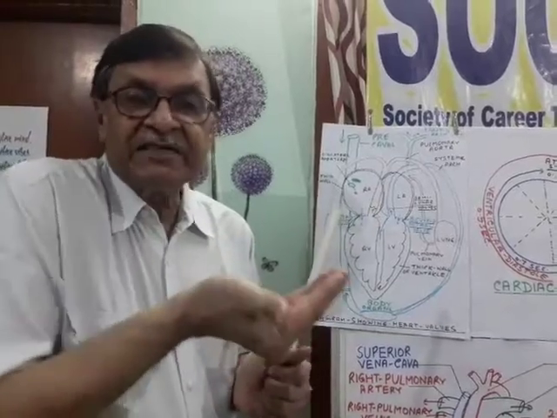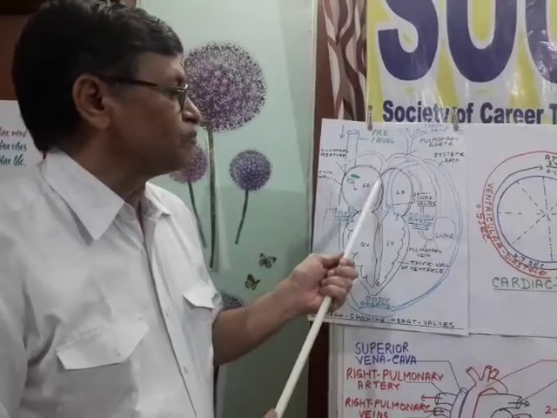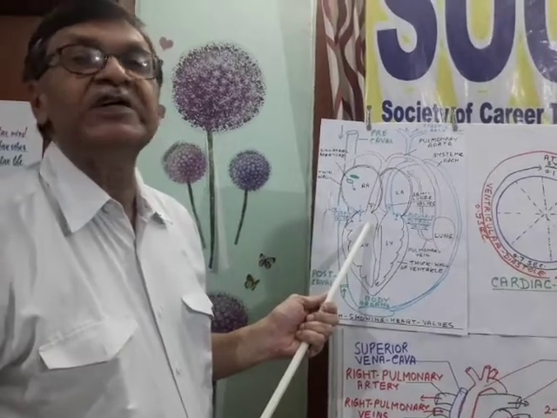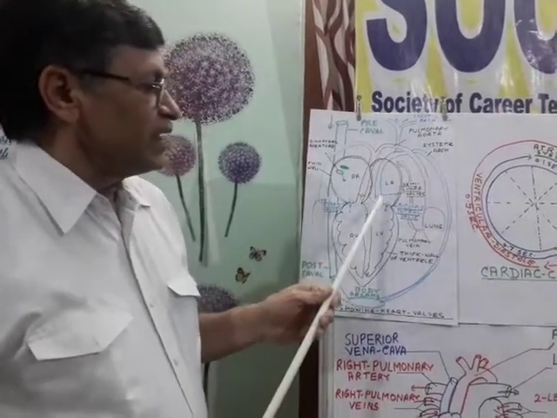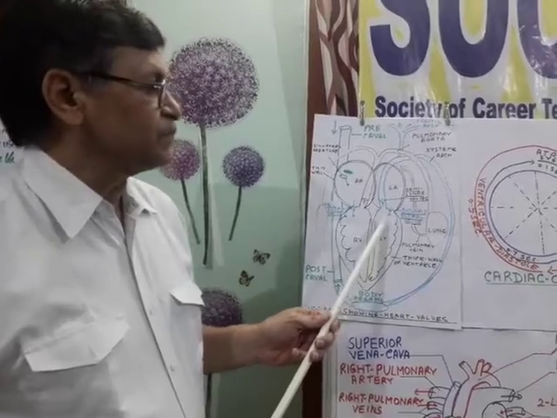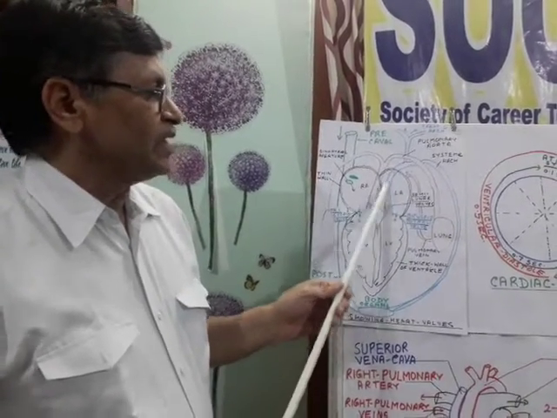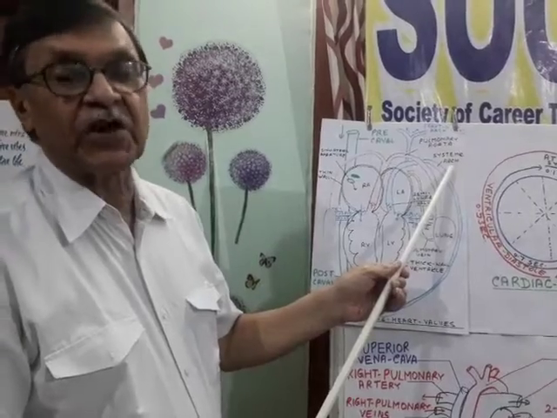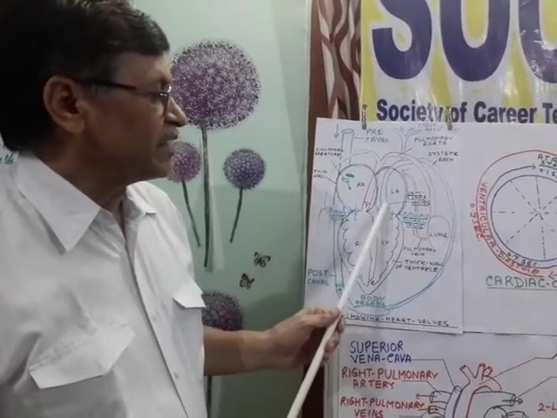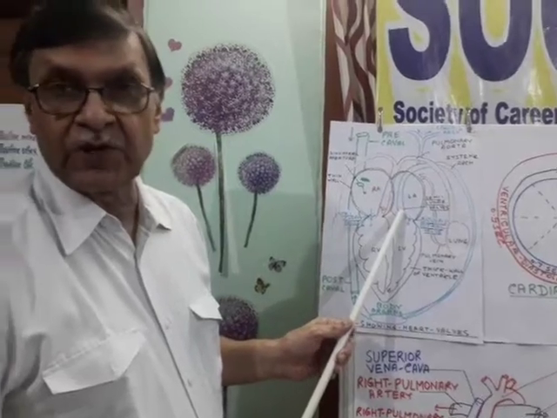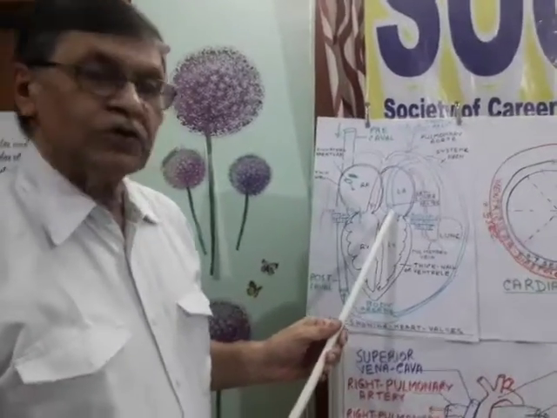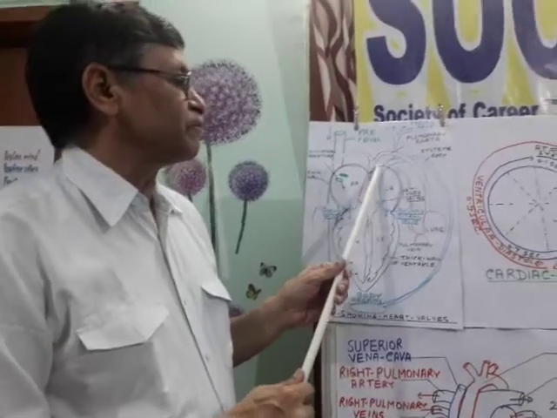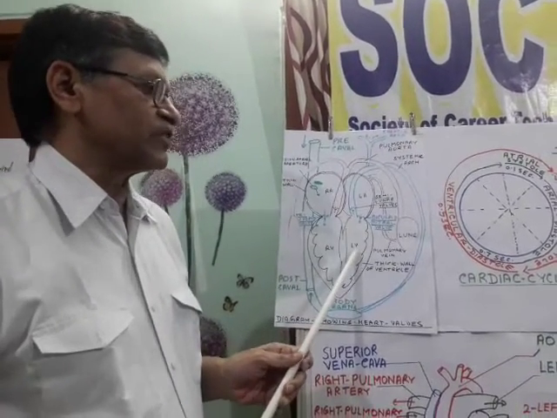Here we have a set of three semilunar valves which permit the blood to pass in this direction only, but backward flow is not possible. From the left ventricle the blood is pumped to the body parts by a systemic arch or aorta. Here also a set of three semilunar valves are there, so the blood can pass in this direction only, not backward.